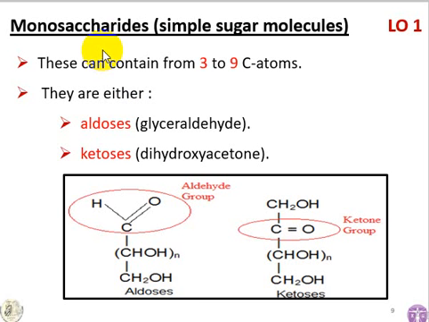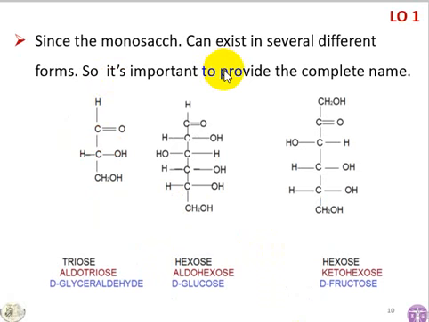starch. Monosaccharide is the simple form of the sugar of carbohydrate, and these can contain from 3 to 9 carbon atoms. They are either aldoses, for example glyceraldehyde, which means containing aldehyde group, or ketoses like dihydroxyacetone, which contains a ketone group. Since monosaccharide can exist in several different forms, it is very important to provide the complete name of these monosaccharides.